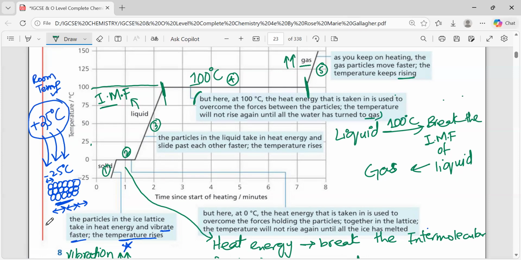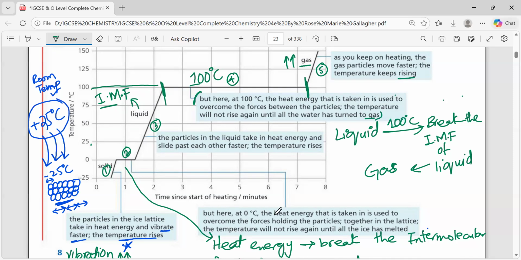Ice is gaining heat energy to break the solid particles. No, at this stage it is not breaking. The breaking will just happen at 0 degrees. At 0 degrees the temperature will not rise because the heat energy which the ice has absorbed will be used to break the intermolecular forces.